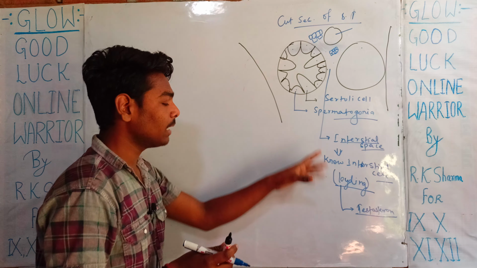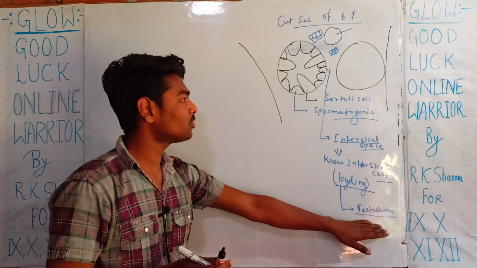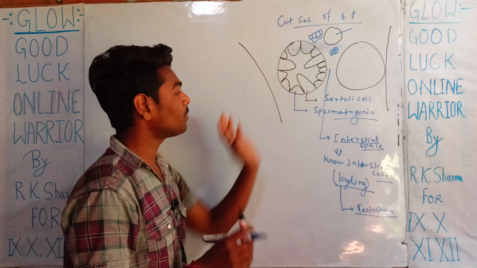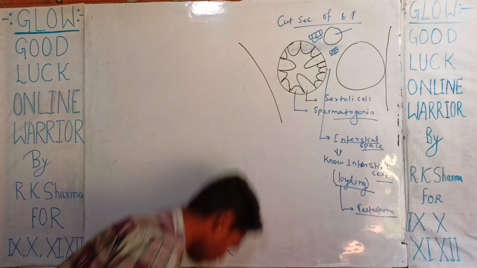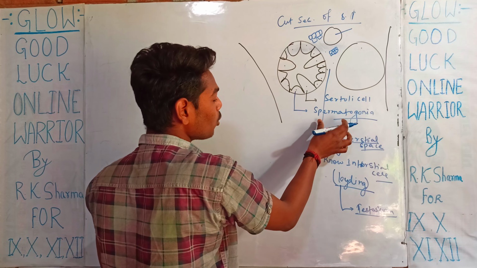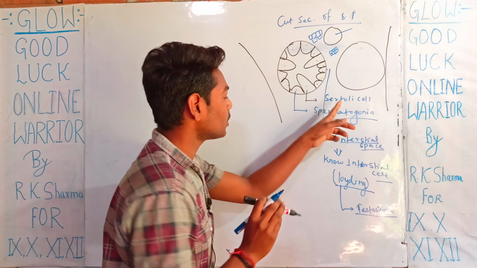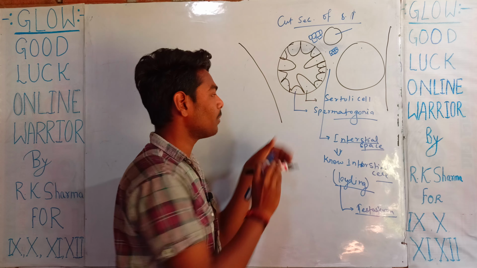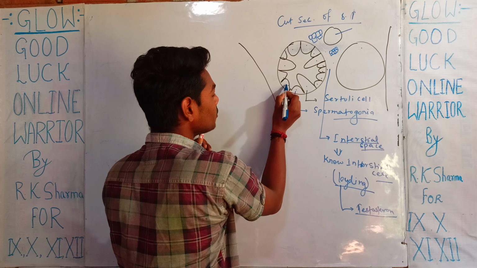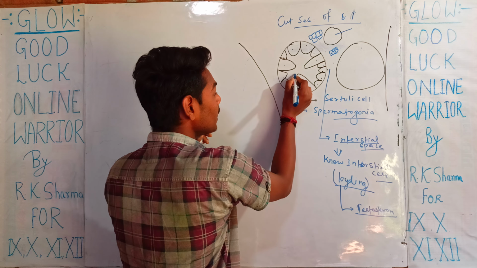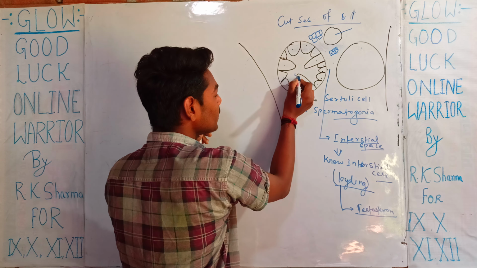So what we have to study: the Leydig cell produces the male sex hormone, and the sperm is formed inside the testis by the spermatogonia. The Sertoli cell helps to give nutrition to the sperm, because this will convert into sperm, and whenever it is converted into sperm, the head of the sperm is inside the columnar cell known as the Sertoli cell.